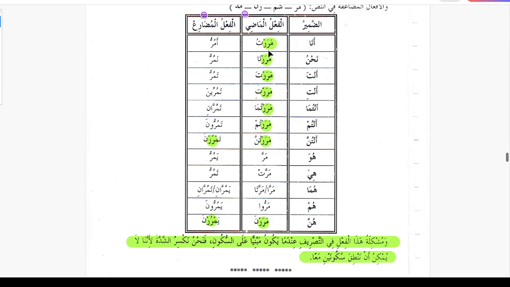Originally for huwa was marra and for ana is marartu, so the doubling is broken and then the two radicals are shown separately.